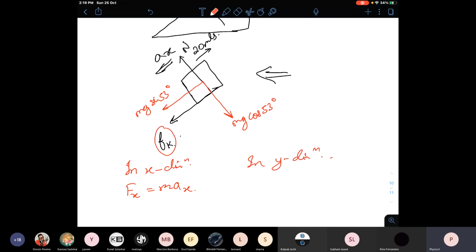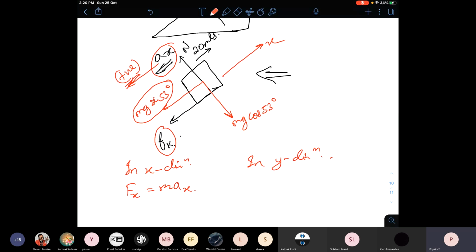Fk and mg sin 53 are in the same direction, but we don't know whether it is the positive or negative direction. For that we go to acceleration. We see ax is in this direction, so this direction will be positive.